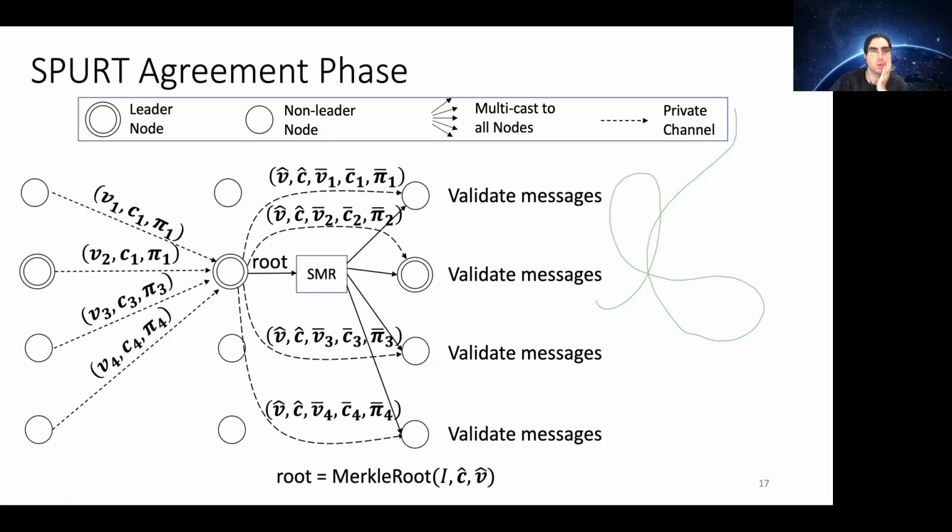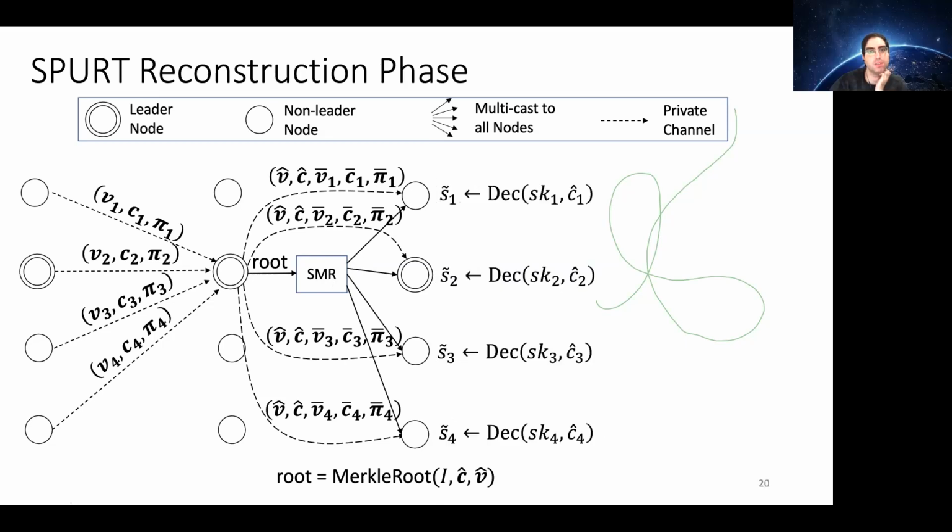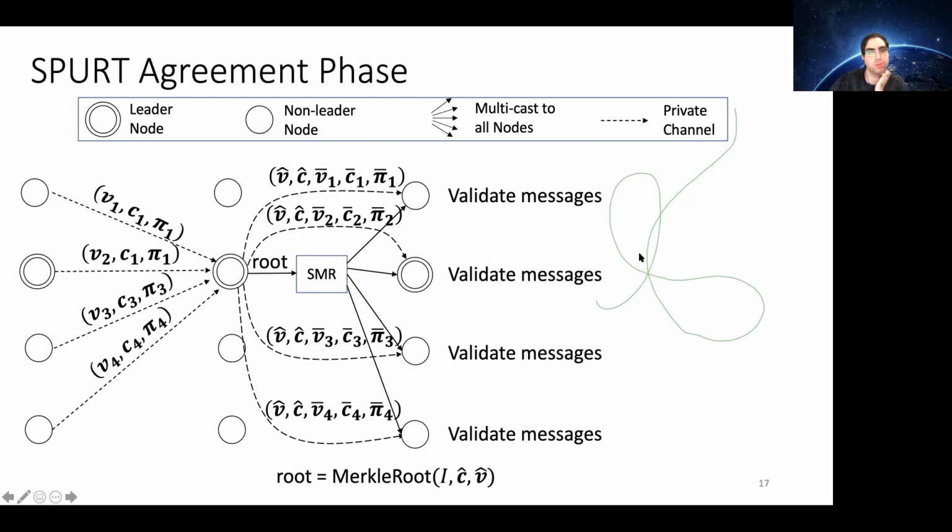So how can you combine the phases if they need the roots to vote? In our actual protocol, in the private message, the leader also includes the root. Got it. The leader sends the root and everything. So you first check that what you receive is consistent with the root that you received privately, and in the SMR, you vote for the root that you received.